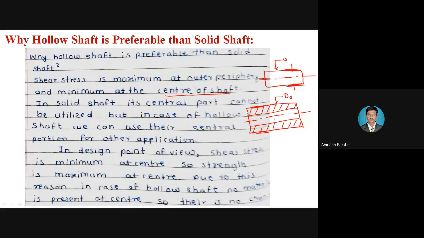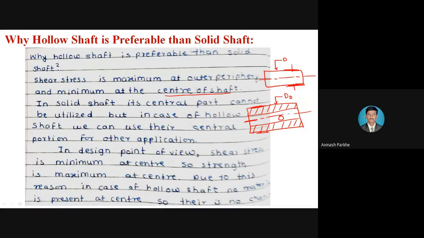In a hollow shaft, the shear stress is maximum at the outer diameter, no problem, but at the center of the hollow shaft the shear stress is totally zero. Please keep in mind, in a solid shaft some amount of shear stress is induced at the center also, because there is no hollow portion at the center. But in a hollow shaft, at the central position, the material is not present.